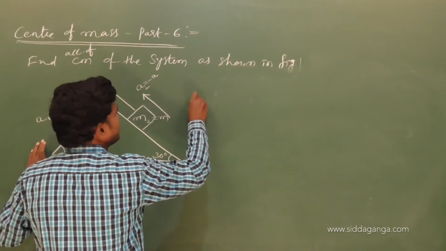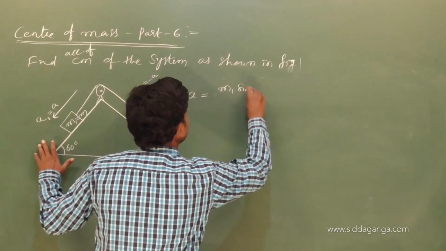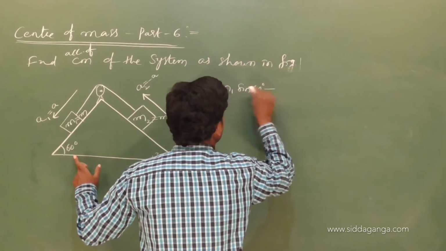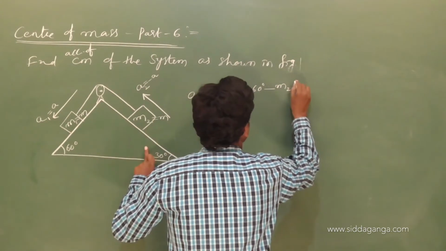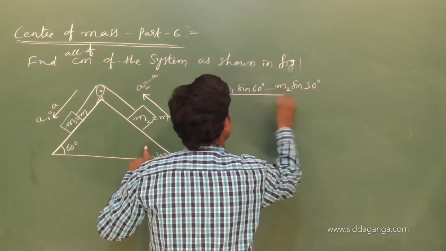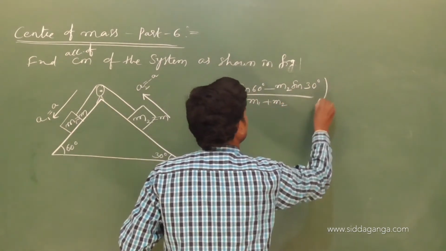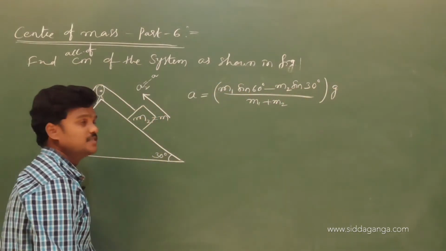Now I am doing the same thing. a equals (m1 sin 60 minus m2 sin 30) by (m1 plus m2) into g. This is from laws of motion, so no need to explain here. This is the acceleration of the system.